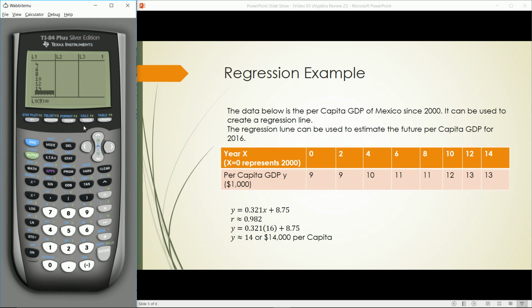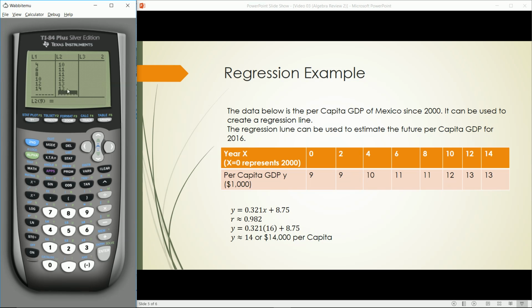As you might have noticed, we want L1 to always be our independent variable, often the x. Now our next one: 9, 9, 10, 11, 11, 12, 13, 13.